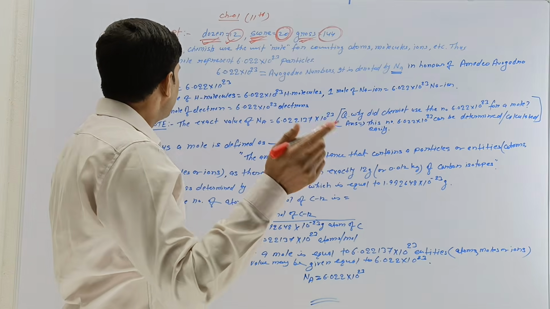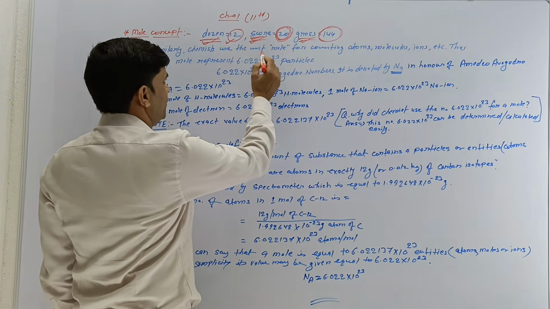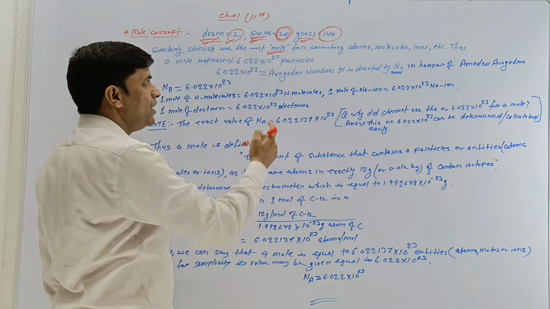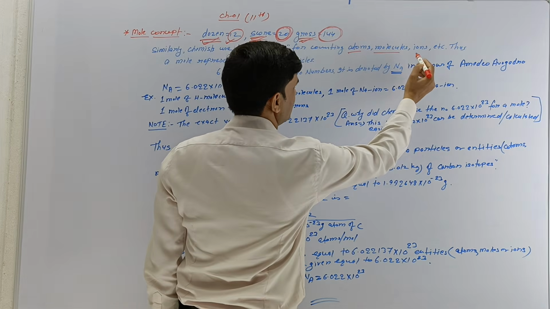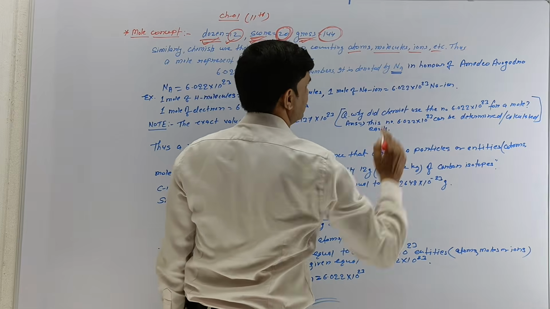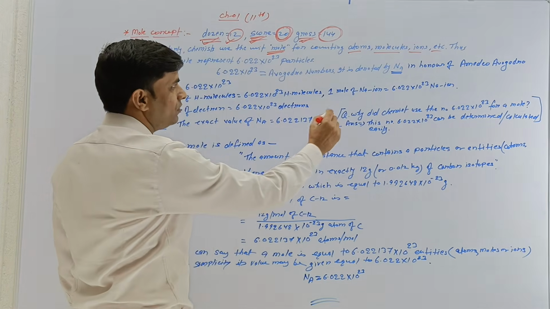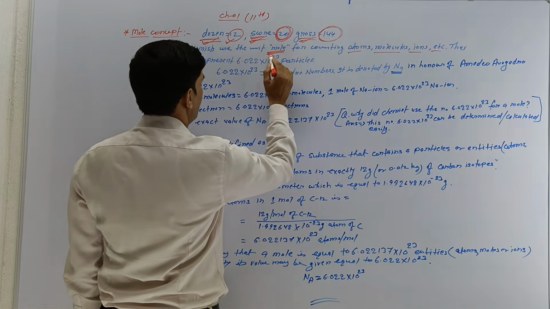Similarly, chemists use the unit mole for counting atoms, molecules, and ions.